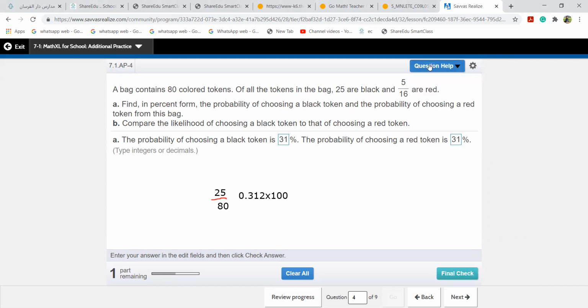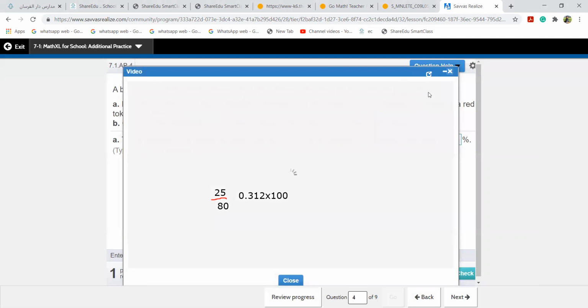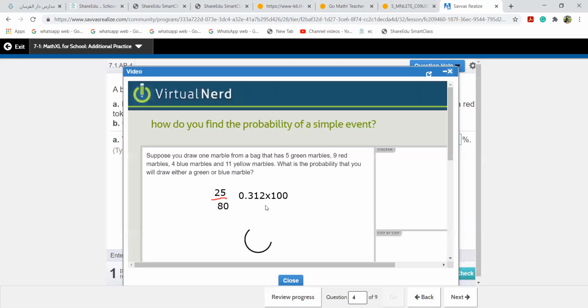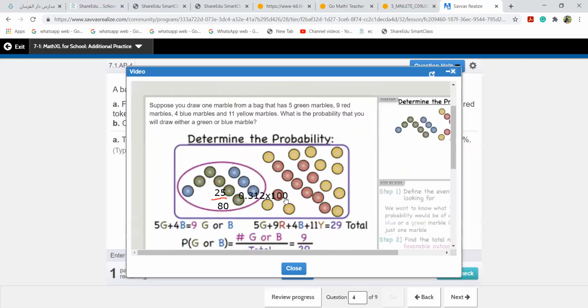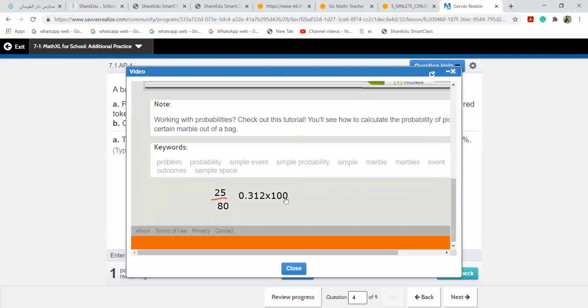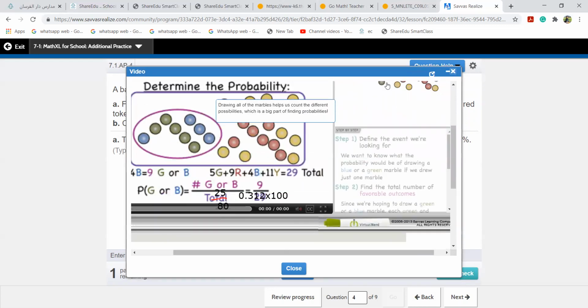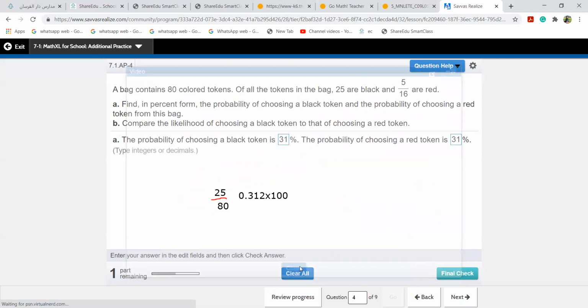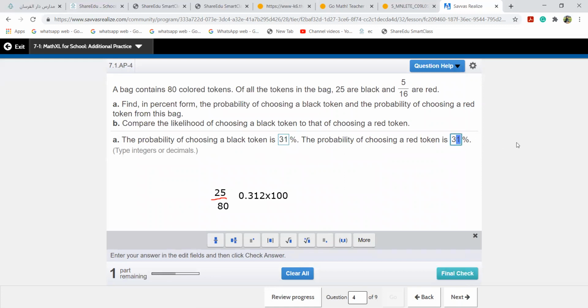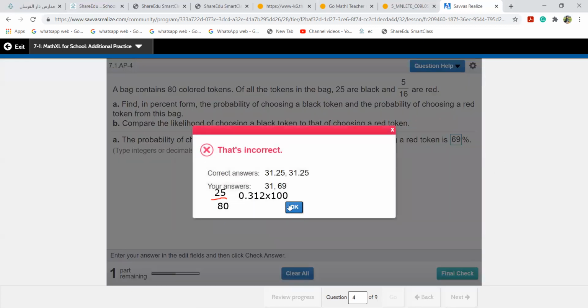Let us change the question. The correct answers are 31 and 69.